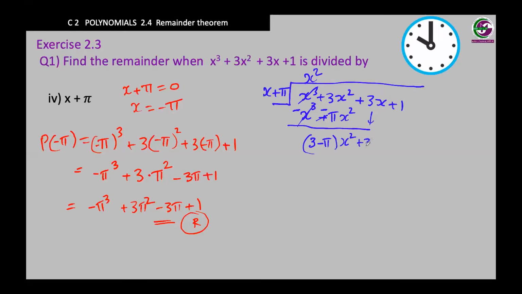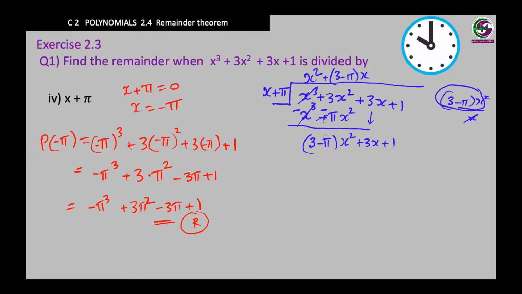And we take down the terms which are in the dividend. Now, 3 minus pi x square divided by x. One of the x get cancelled. Pi get cancelled. So 3 minus pi x will stay in the quotient.